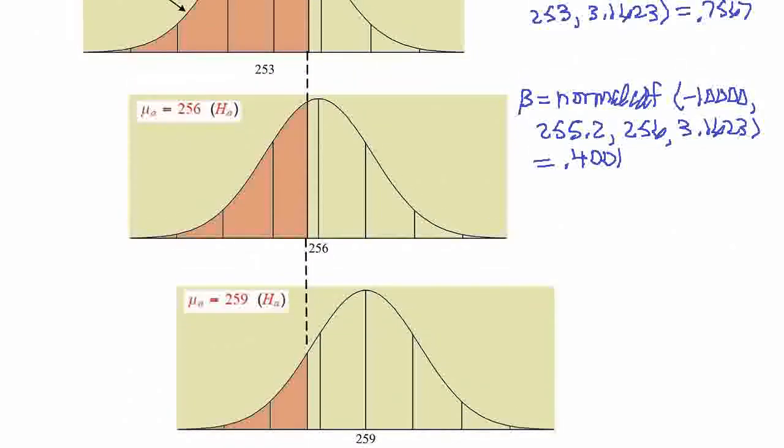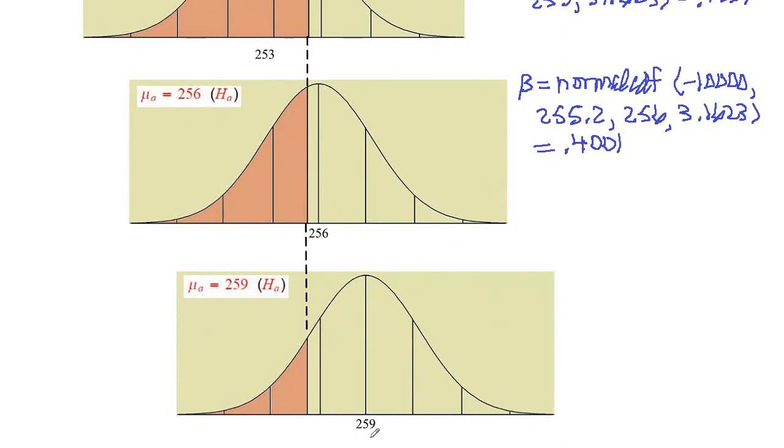And then let's look at one more. What if our mean was really 259? So here's the sampling distribution with mean 259. Again, this is the 255.2 right there. That's the cutoff for the rejection region in the null distribution. We want this area of the acceptance region. So that's going to be same thing as up above, except 259 for our mean. So again, normal CDF. Left hand, negative 10,000.